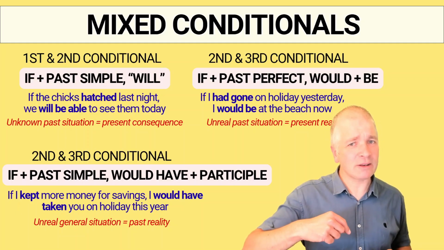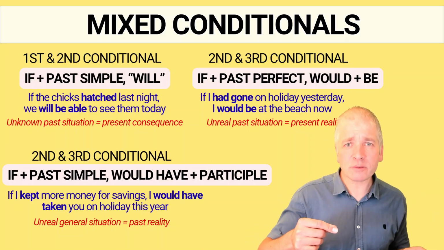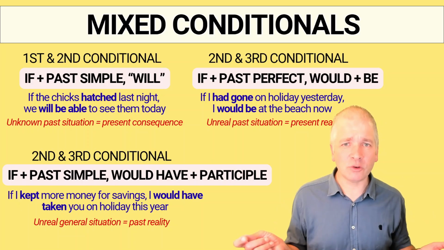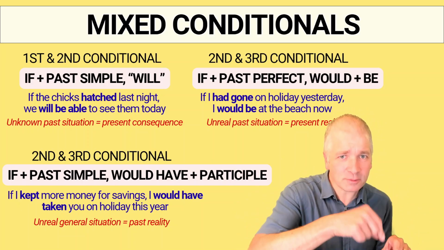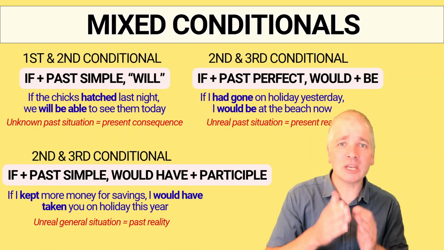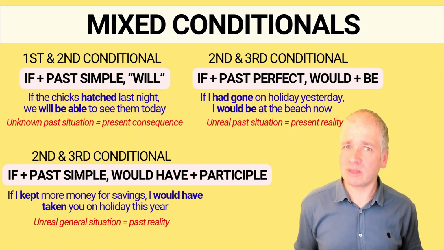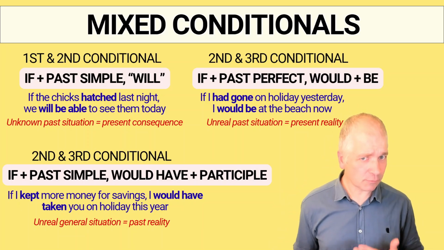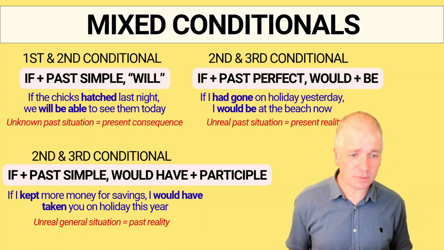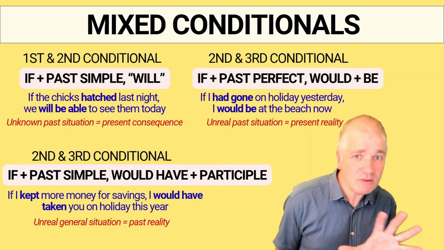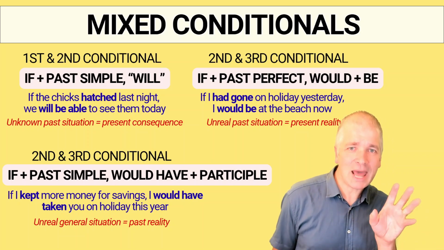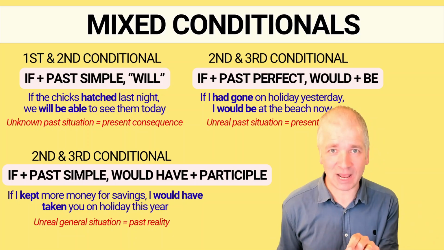Then that could have had a consequence for the past, the present and the future. And if I'm just referring to the past consequence here, then I can use the third conditional. I would have taken you on holiday this year. So this mixing of conditionals involves an unreal general situation and how it affects past reality.